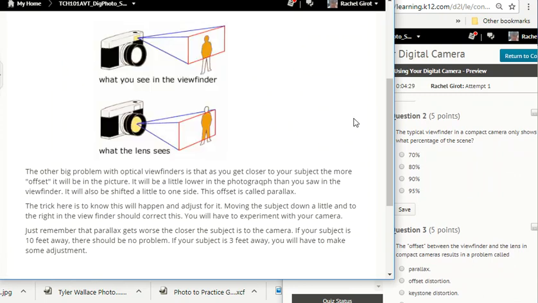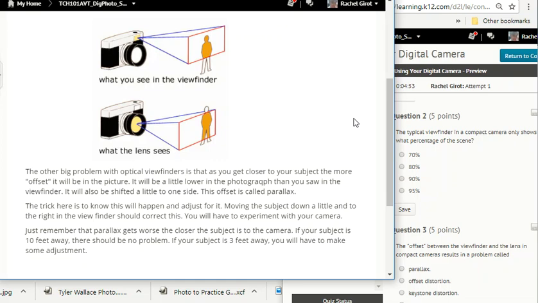The other big problem with optical viewfinders is that as you get closer to your subject, the more offset it will be in the picture. It will be a little lower in the photograph than you saw in the viewfinder. It will also be shifted a little to one side. This offset is called parallax. The trick here is to know this will happen and adjust for it.